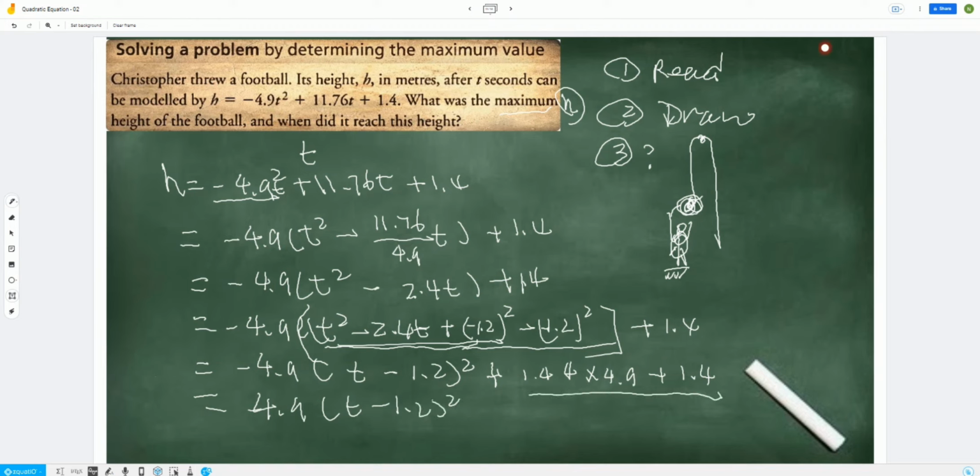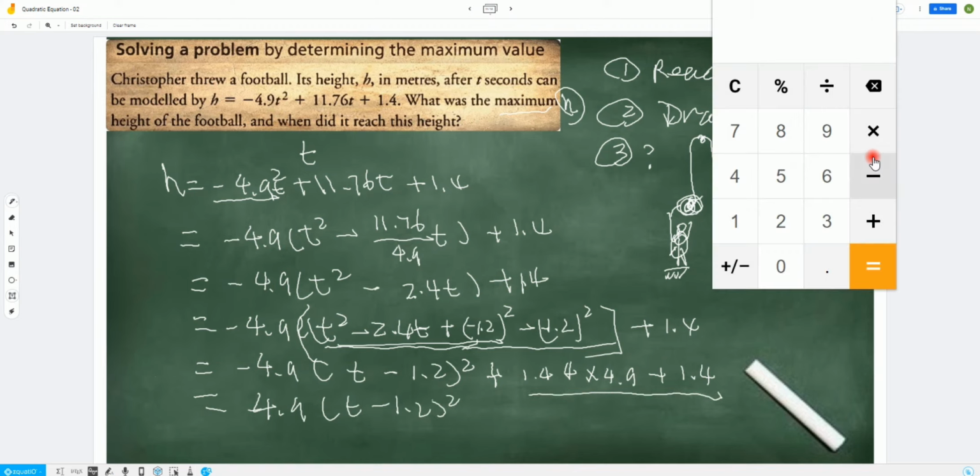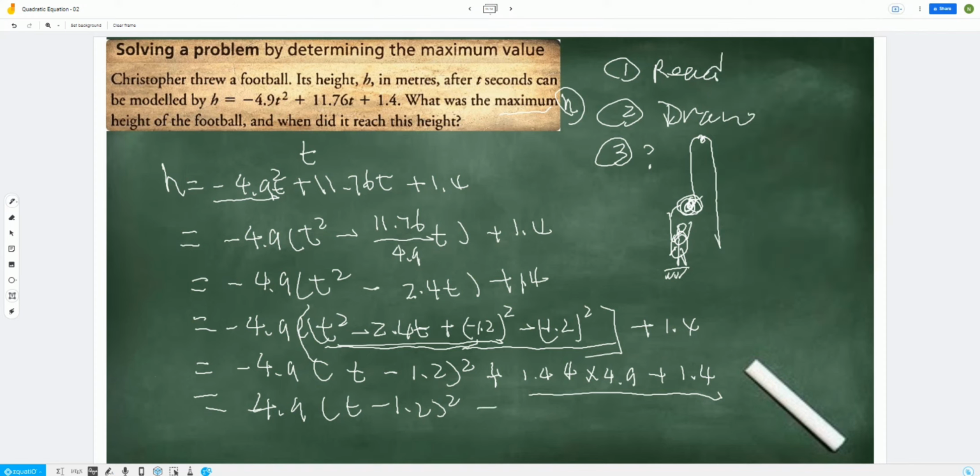Okay, we use the calculator, 1.44 times 4.9 equals and plus 1.4. Okay, so equals 7.056 plus 1.4, which is 8.456. Okay, this is vertex form.